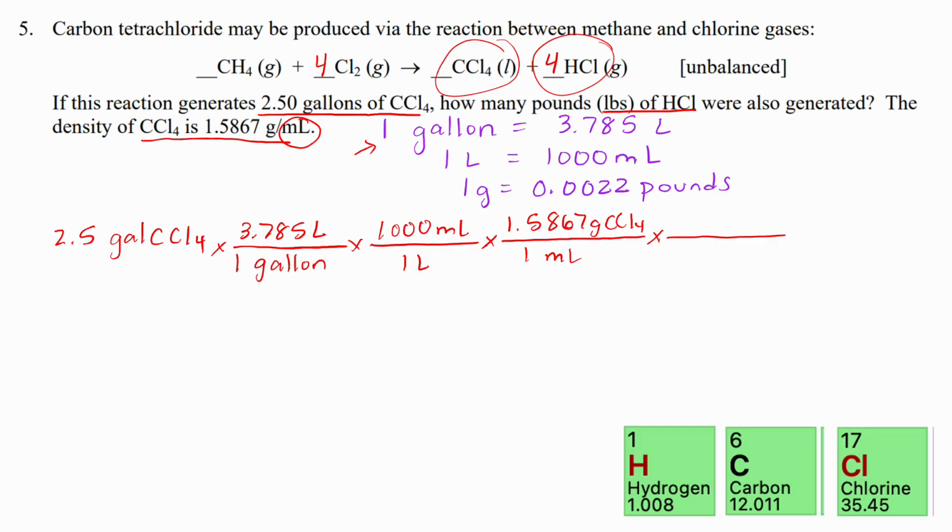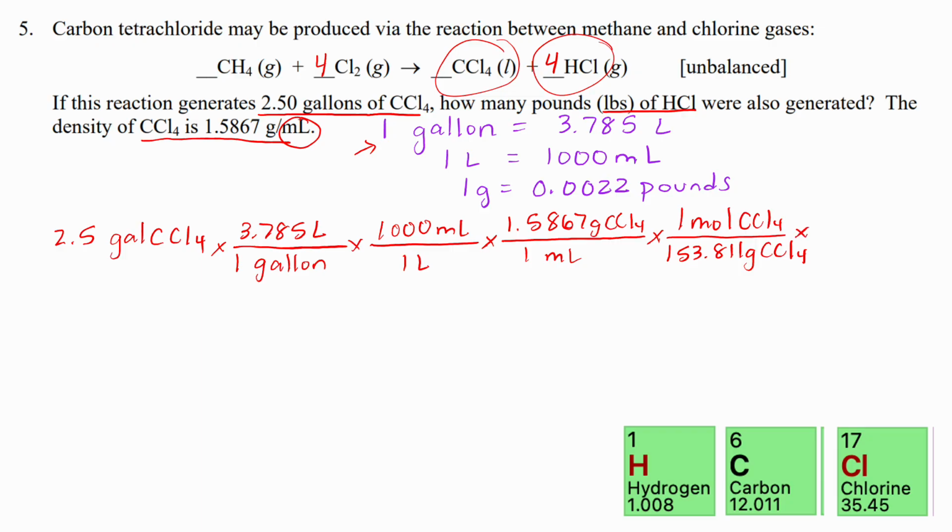So chlorine is 35.45 times 4, plus my carbon, which is 12.011. So that's going to give me a molar mass of 153.811 grams. And remember, whenever you get something off the periodic table, that's always equal to 1 mole.